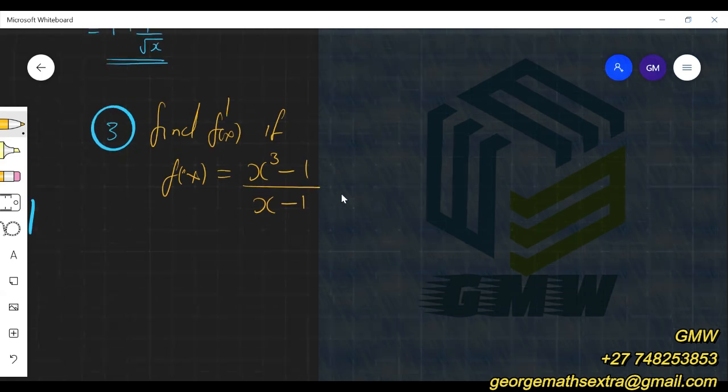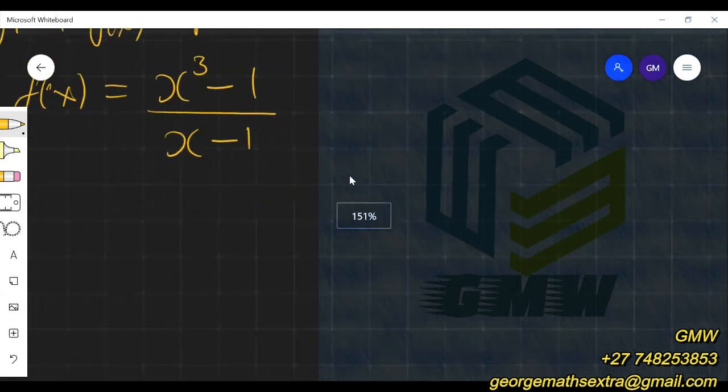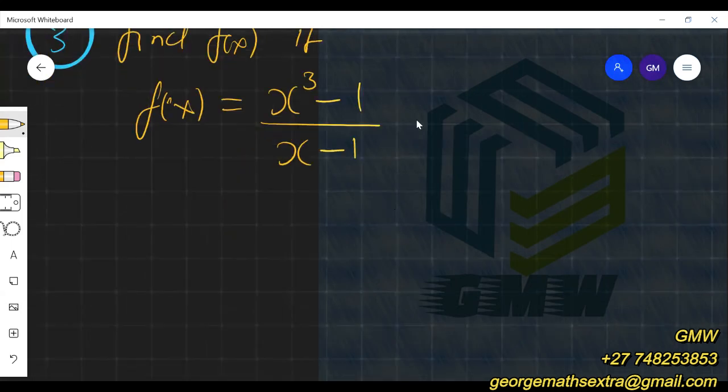How do you now differentiate this one? Can I show you the concept first? Grade 10, okay?